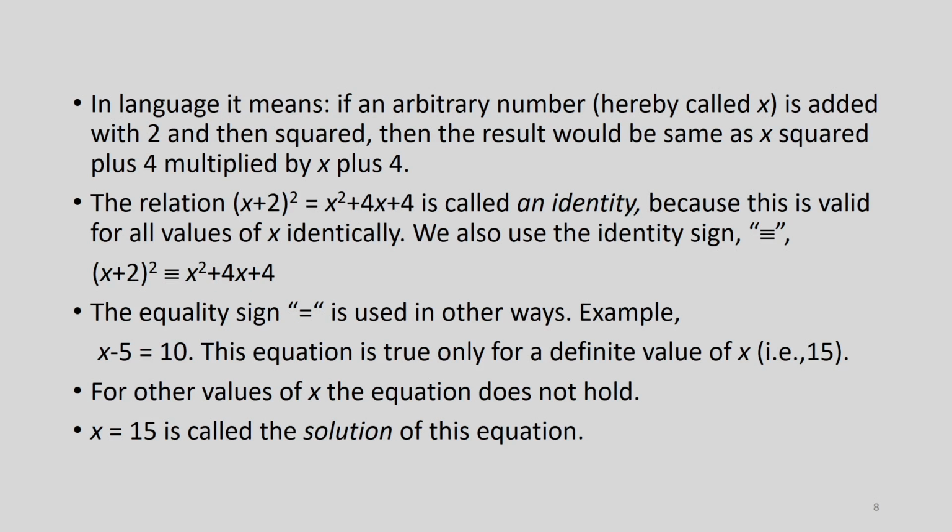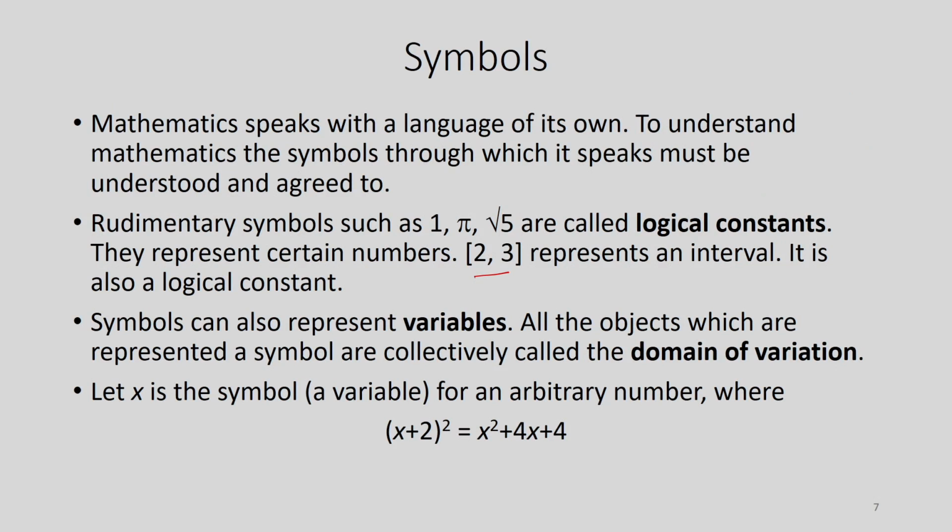Okay. So, this is a whole long sentence in English, which has been condensed in terms of symbols into this short form, right: (x plus 2) whole squared is equal to x squared plus 4x plus 4.